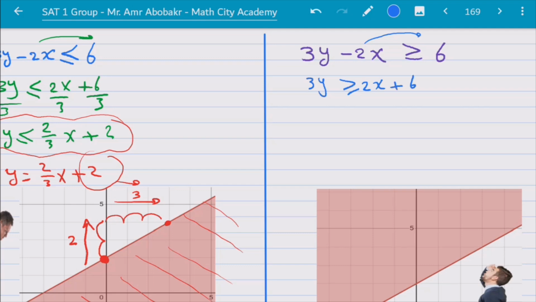So 3y divide by 3, divide by 3, divide by 3. Divided by a positive number, so there is no need to change the direction of the inequality sign. So it will be y is greater or equal to 2 over 3x plus 2.